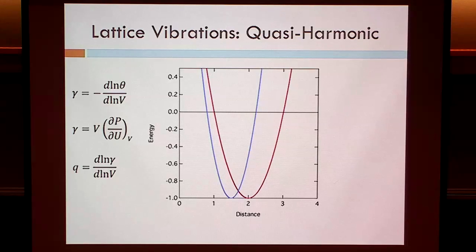Now, it turns out that in the quasi-harmonic approximation, if the crystal is always harmonic, but you allow the frequencies to change with compression, then this is exactly equal to the thermodynamic definition of the Grüneisen parameter, V times the change in pressure with internal energy at constant volume. And it turns out to be important how Grüneisen parameter varies with volume as well, and you can describe that with a further logarithmic volume derivative, which gets the name Q.